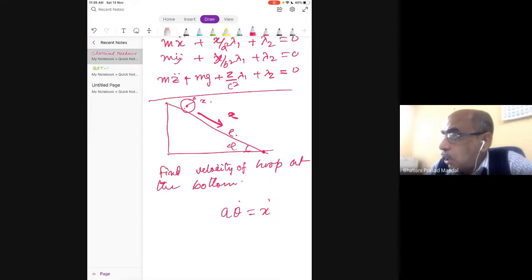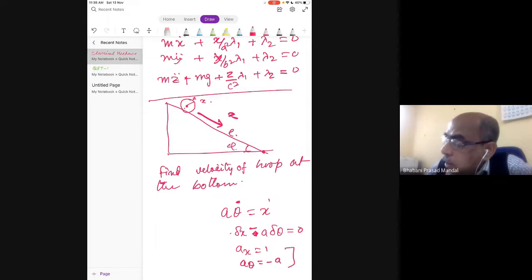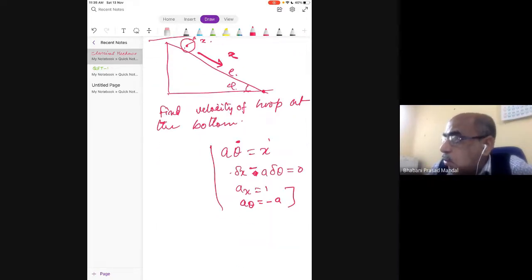This will be the constraint because of v equal to a omega, which you can write as delta x plus a delta theta equal to 0, with the sign being minus. So a_x will be 1, and a_theta will be minus a. So this is the constraint; you have to handle the constraint in this format, and then you have to write the Lagrangian.